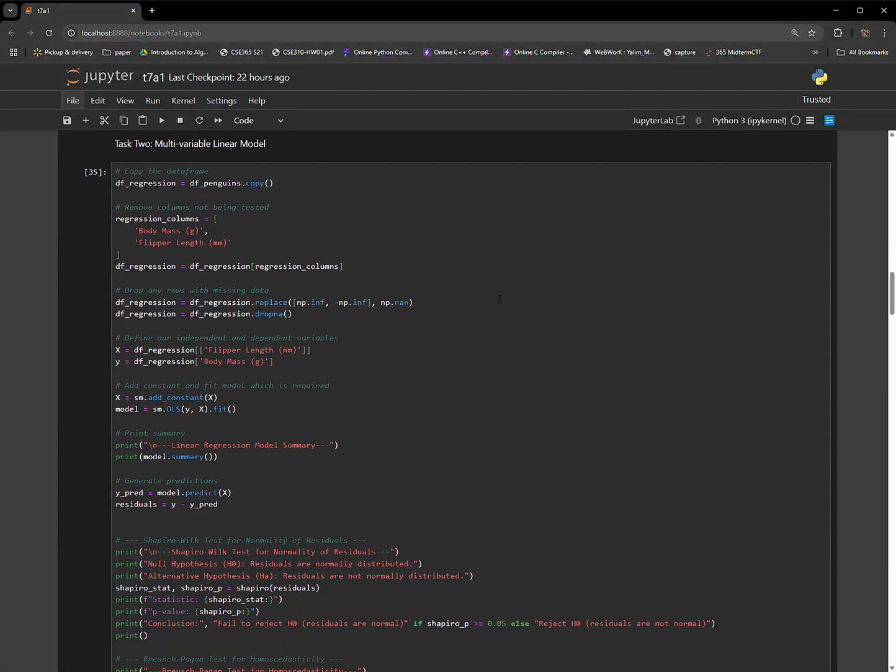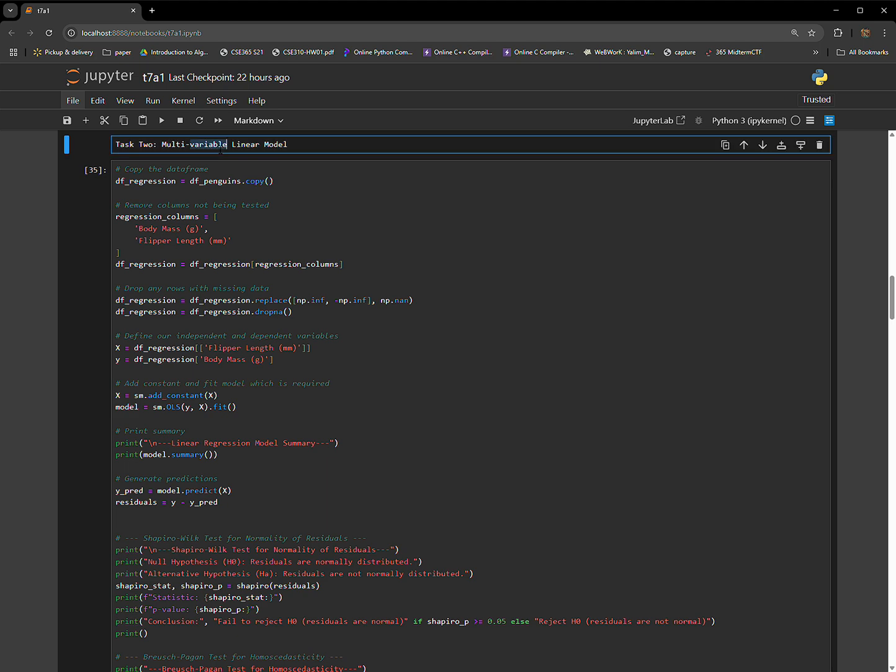Now going over the single variable linear regression model, I used the flipper length as the independent variable and the body mass as the dependent variable. So we're saying that the body mass depends on the flipper length.